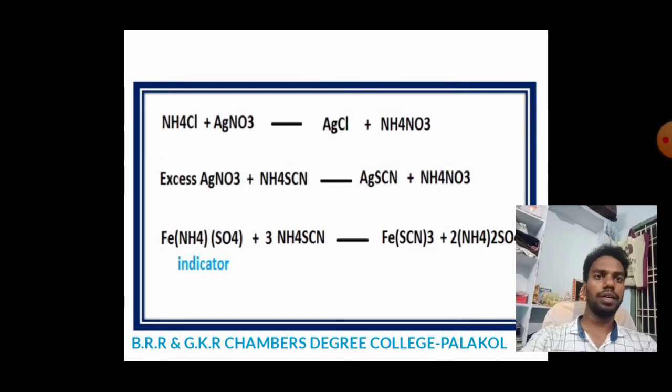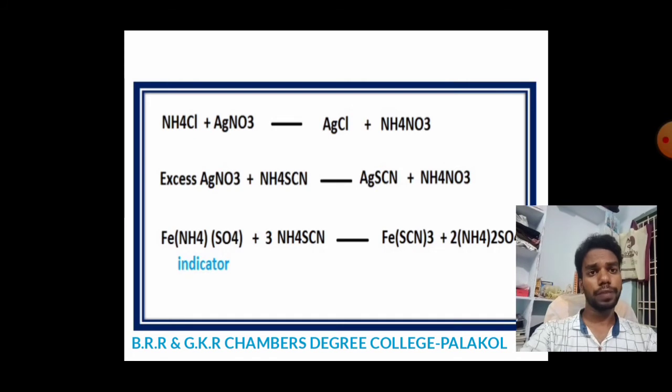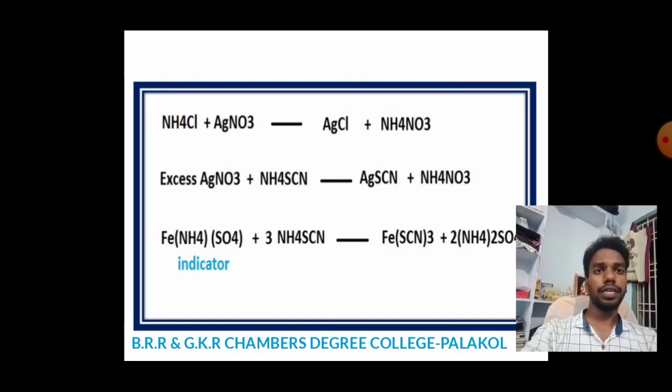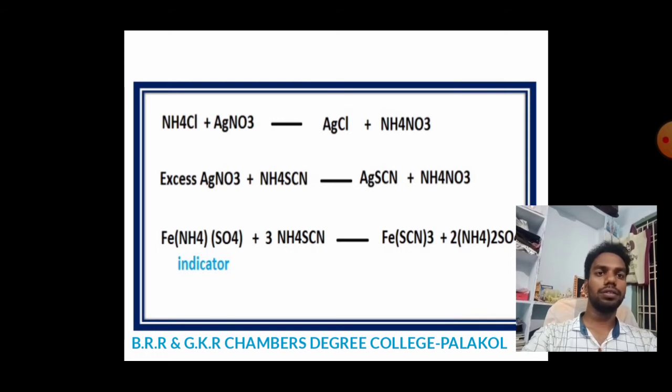So first the AgCl precipitate is formed, and you have to filter it off. Then you titrate the filtrate with ammonium thiocyanate, with ferric alum, also ferric ammonium sulfate, as indicator.